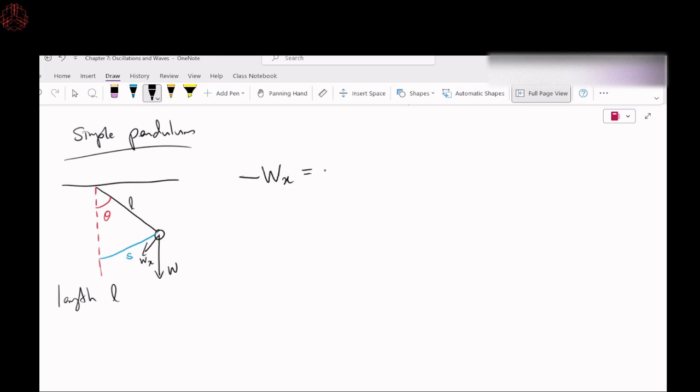Which is equal to ma. Negative Wx is just negative mg sine theta, which is equal to ma. That's nice, I can cancel the masses out right now. I have negative g sine theta equals a.